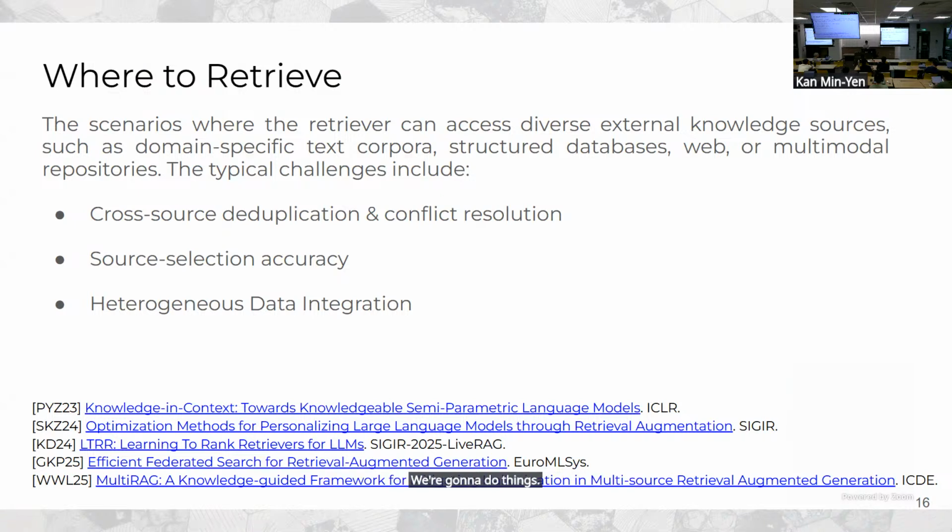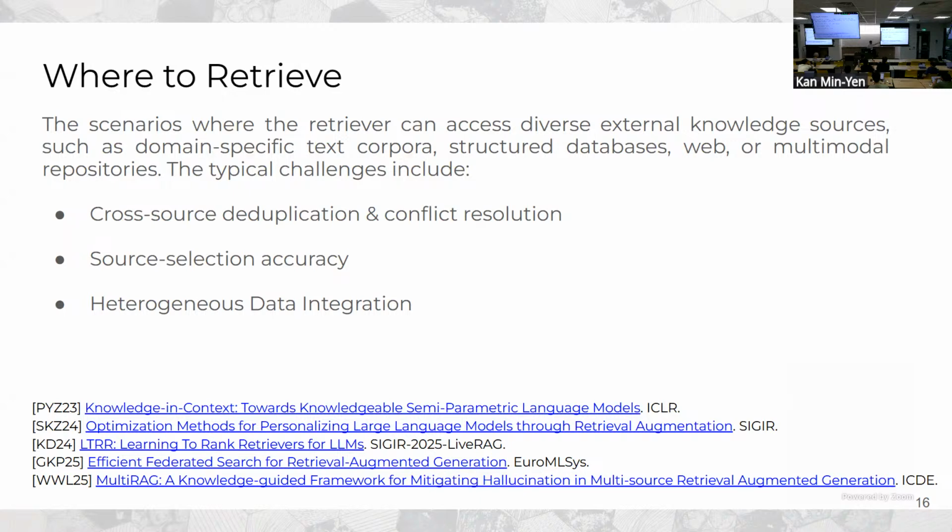The second is source selection accuracy, that means selecting the most reasonable source. The third potential challenge is heterogeneous data integration. These are quite challenging issues when we solve the problem of where to retrieve.